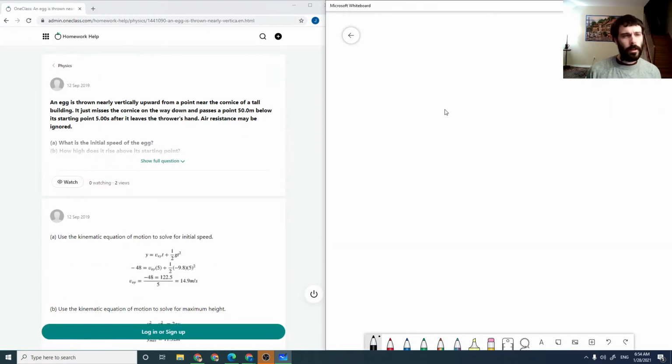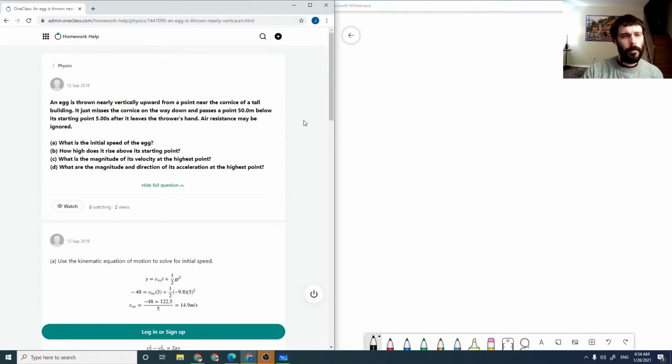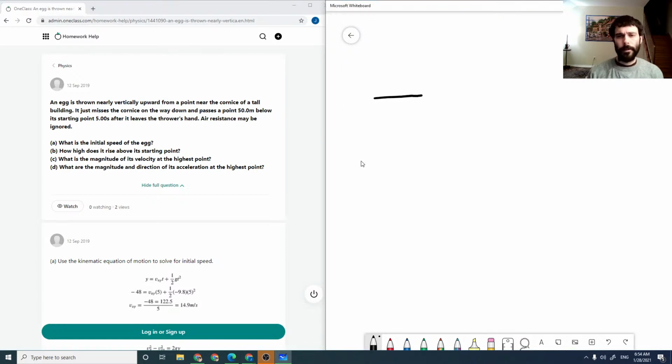Okay, so we've got an egg thrown vertically upward near the corner of a tall building. So it flies vertically upward, and then it goes back down.